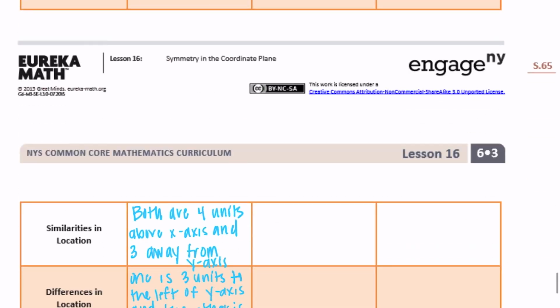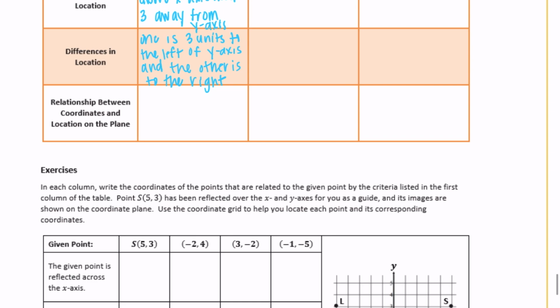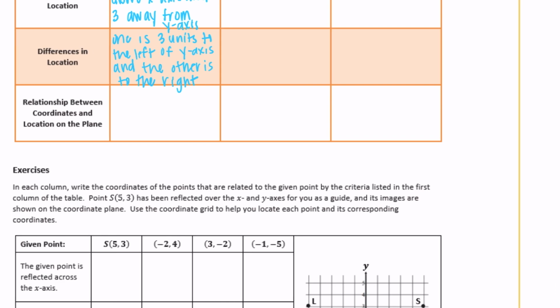We don't have much room to write all of that, so let's just say a reflection across the y-axis takes one point to the other.